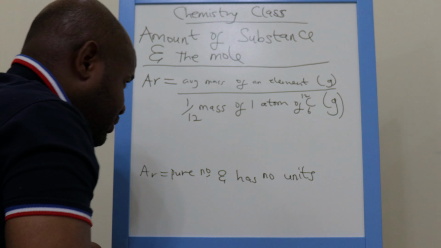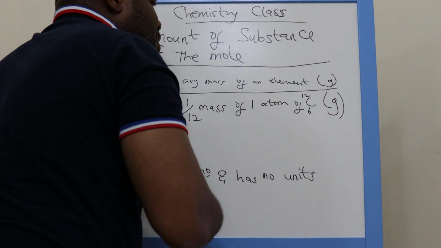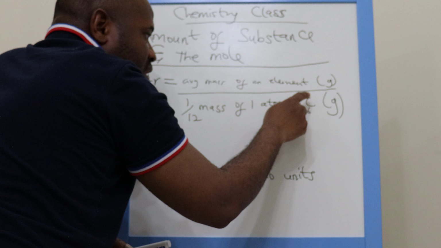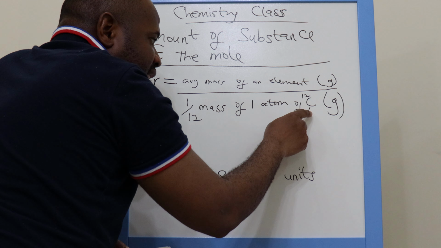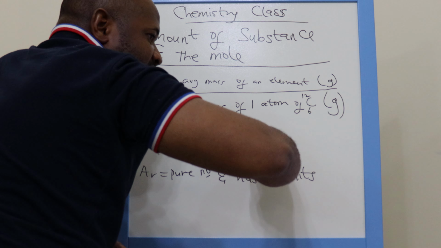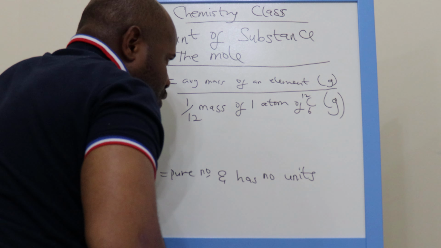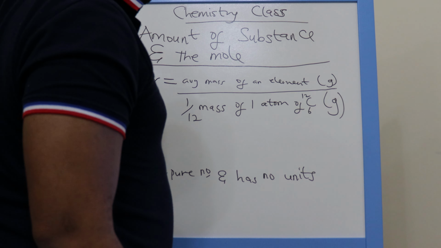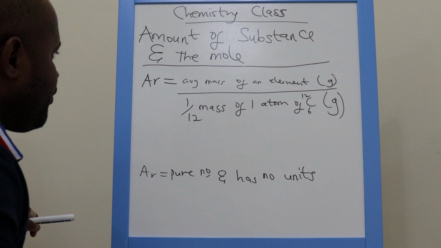Those familiar with chemistry know that the 12 superscript, and the subscript at the left side of the carbon is 6, the atomic number 6, and the mass number is 12.